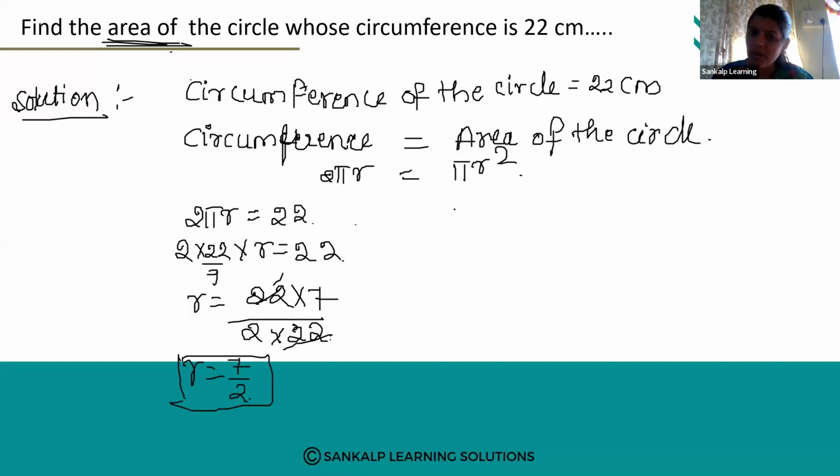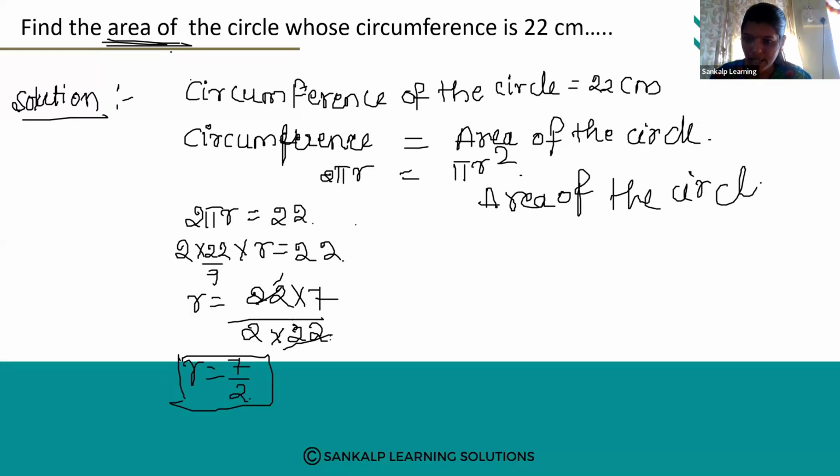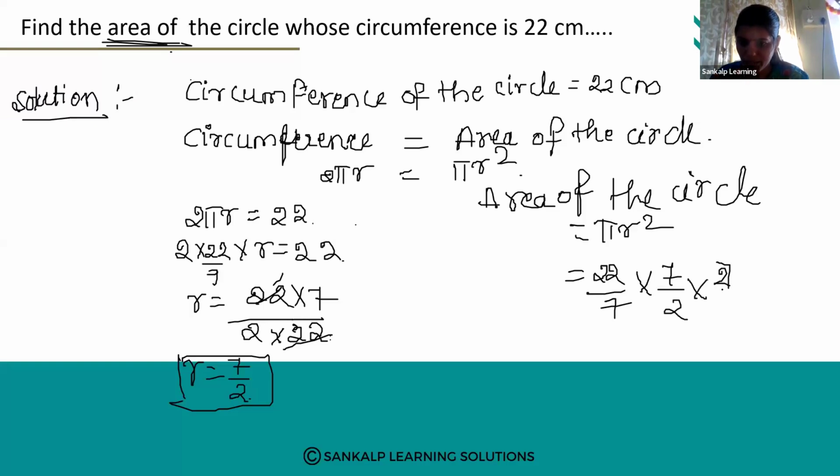Now we are going to find the area of the circle. Area of the circle is pi r square. So pi means 22 divided by 7 and r value is 7 divided by 2 into 7 divided by 2. 2 and 2 ones are 2, 11s are 7 and 7 will get cancelled. So 11 into 7 divided by 2, that is 77 divided by 2.